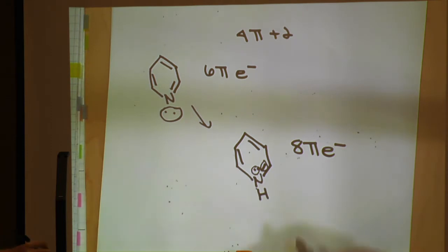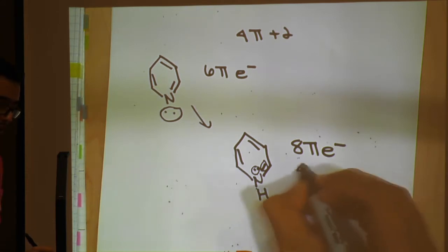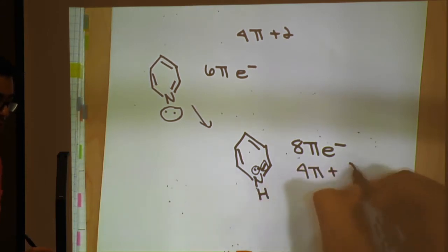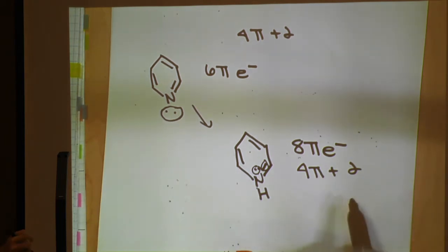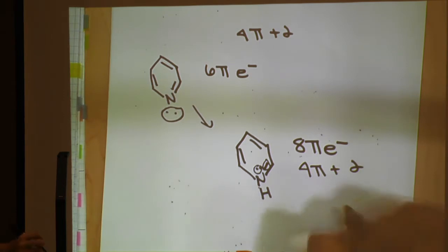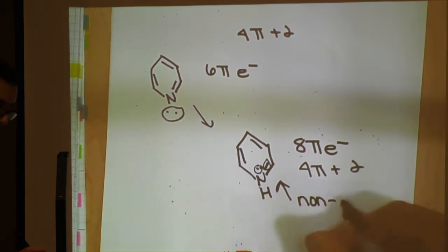So that breaks the conjugation rule. And then if we look at 4n plus 2, if we put in 2, that gives us 10. If we put in 1, that's 6. So it also breaks Huckel's rule. So this structure here would be non-aromatic.